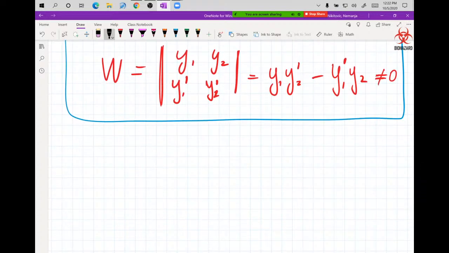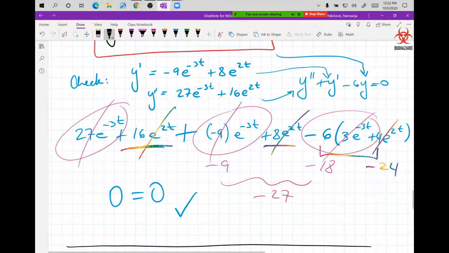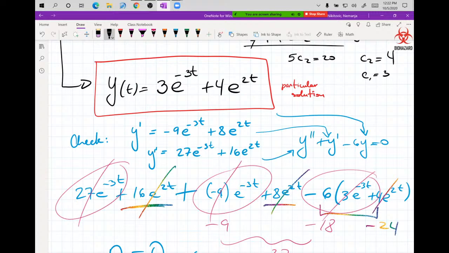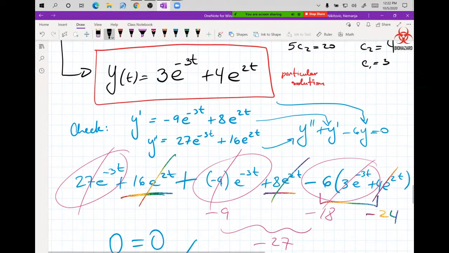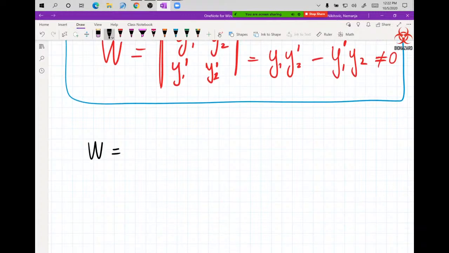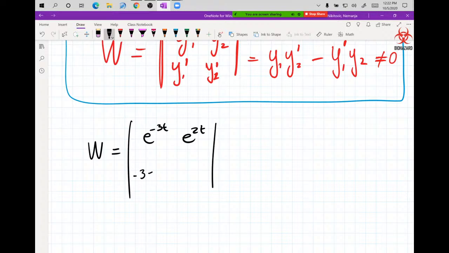So what we had in our previous example are two solutions. You can drop the constants, or you can bring them with you. I don't care. I'm going to drop the constants so I don't have to go into high numbers. e to the negative 3t and e to the 2t, and then its derivatives on the second row.